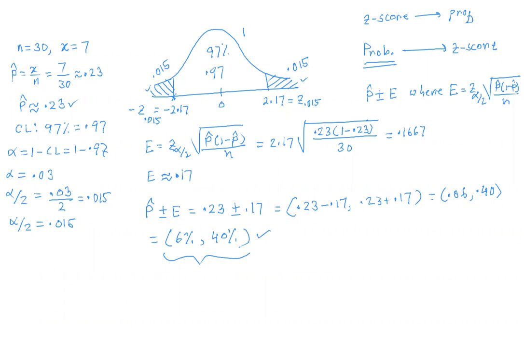Let me say it again. 97% confidence means that if you were to take many samples of size 30 and create a confidence interval from each of these samples, then about 97% of those confidence intervals will include the true population proportion, whereas 3% will not.